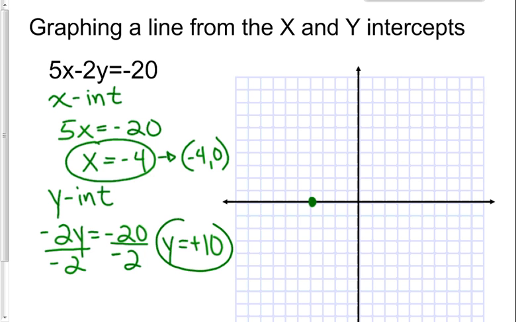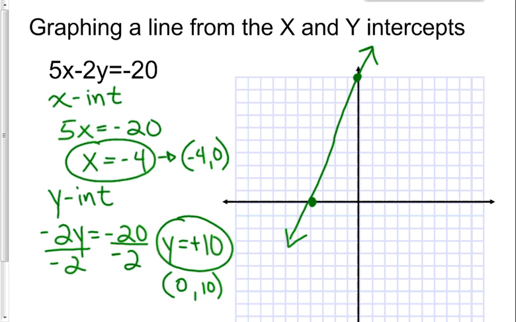So y is equal to positive 10. So as a point, that's (0, 10). So we're going to go to that point, (0, 10). So 1, 2, 3, 4, 5, 6, 7, 8, 9, 10 is all the way up here. So now we have 2 points. So you connect them with a line, put arrows on both ends, and there you have the graph of 5x minus 2y equals negative 20.